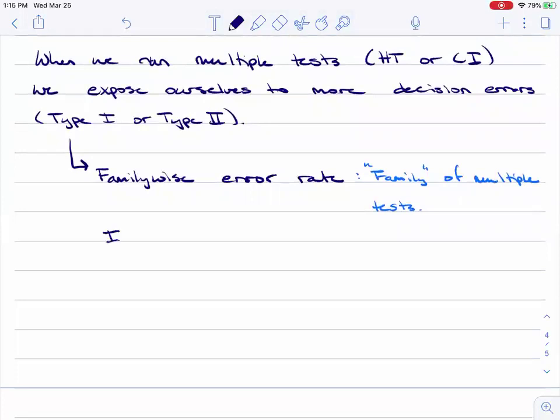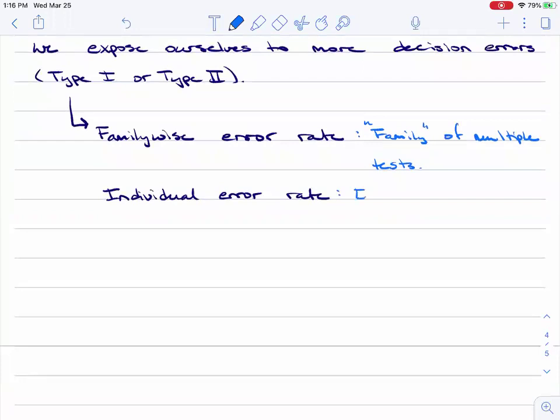And then there's the individual error rate, and that's the error rate that we're usually concerned with. If I run one hypothesis test, what's my error rate, right? And so the individual error rate is the error rate of one hypothesis test or confidence interval.